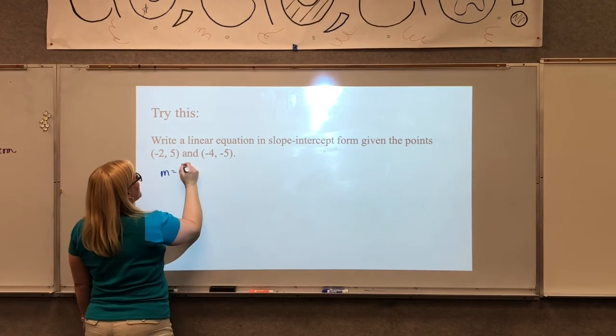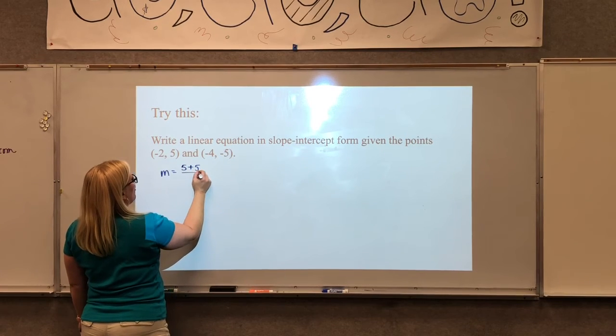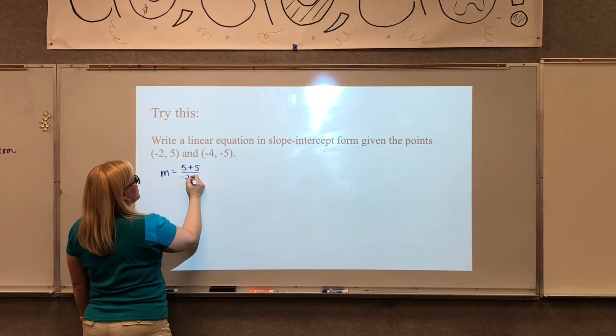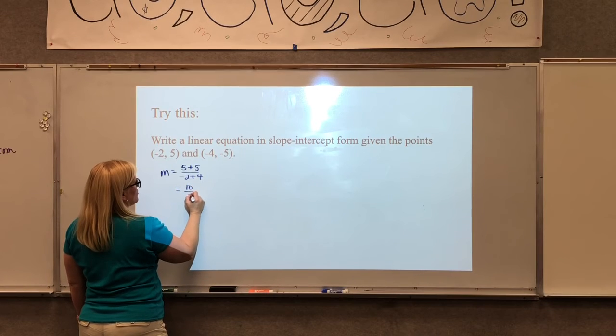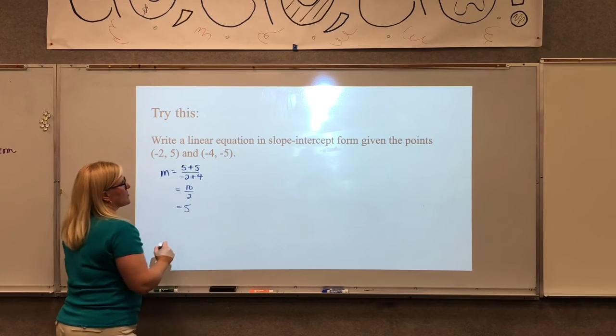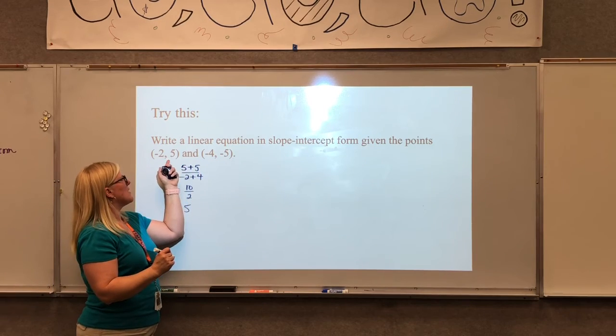So I've got 5 minus a negative 5 over negative 2 minus a negative 4. This gives me 10 over 2, which is 5. So that's my slope. I'm not going to do both points this time. I'm just going to do one.